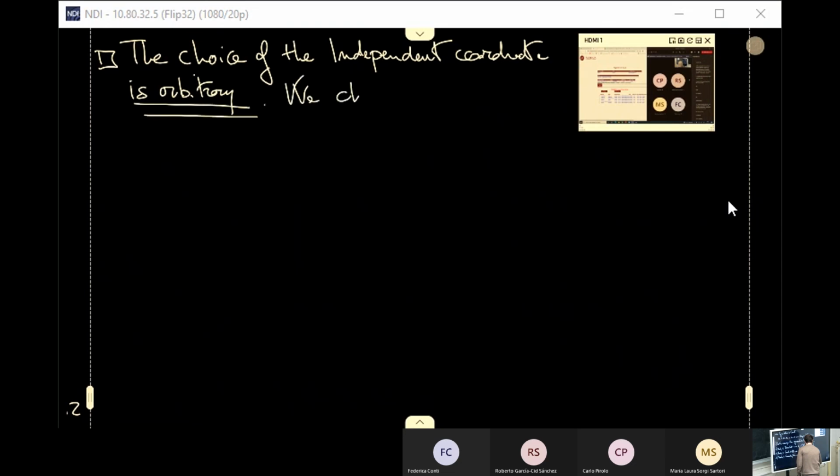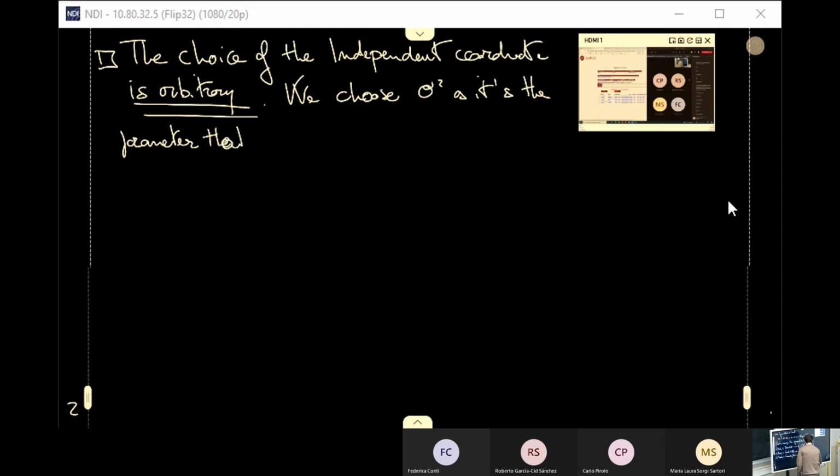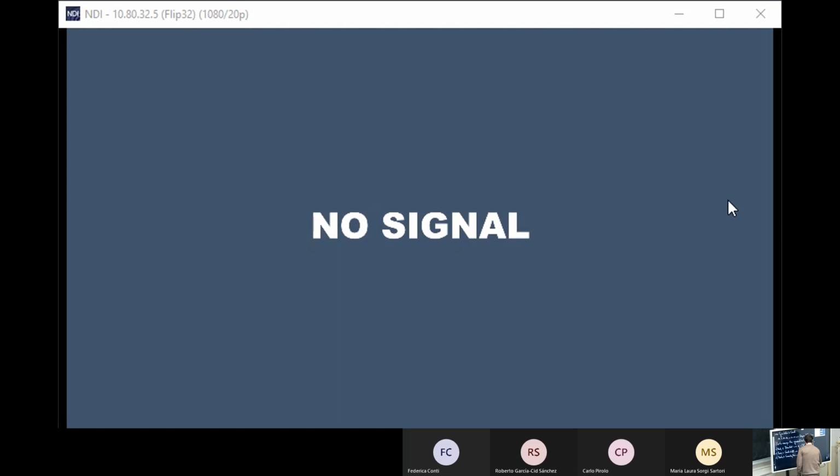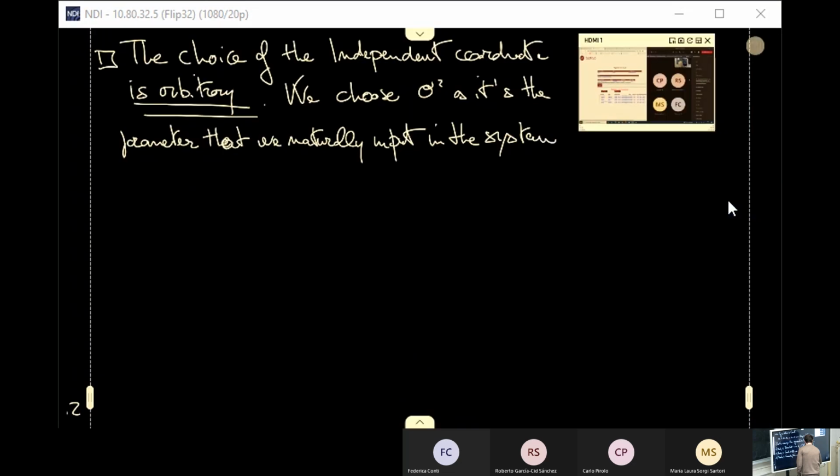We choose θ2 as it's the parameter that we naturally input in the system to convert rotation into translation.